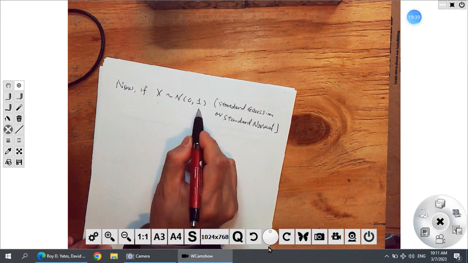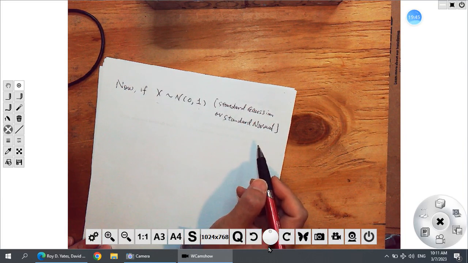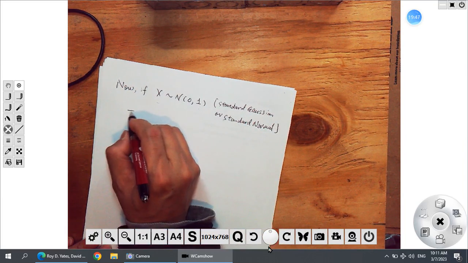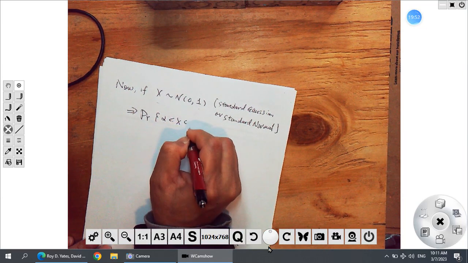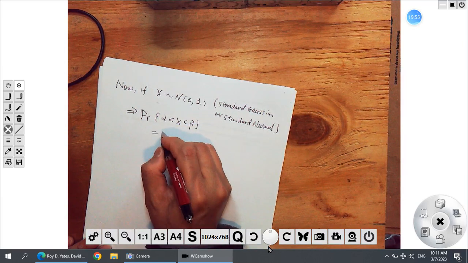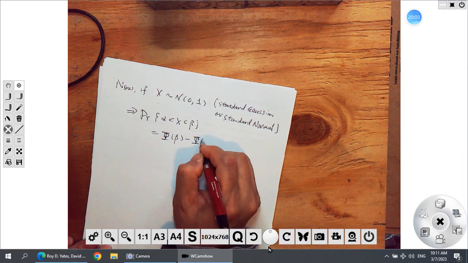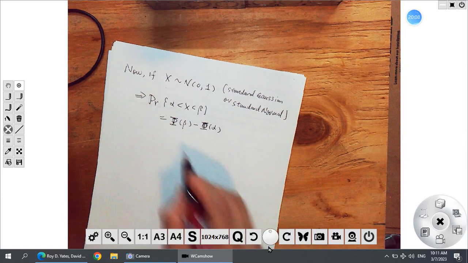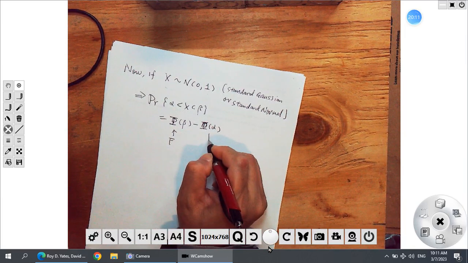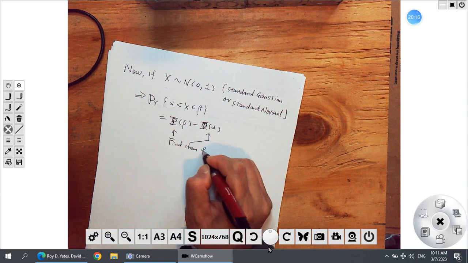If X obeys the standard normal distribution, then the probability of a smaller than or equal to X smaller than or equal to b is just phi of b minus phi of a. That's it. And from the table, we find both numbers.